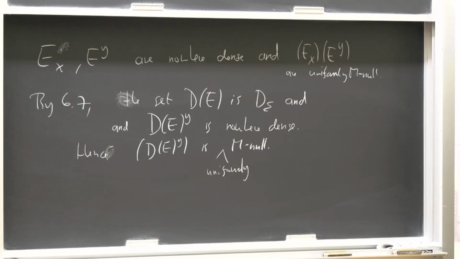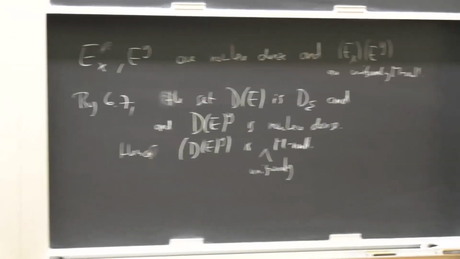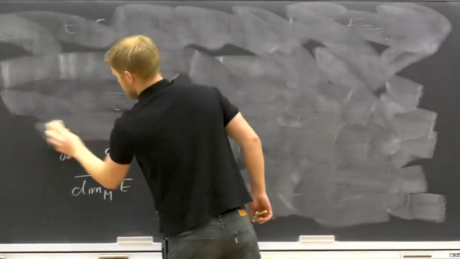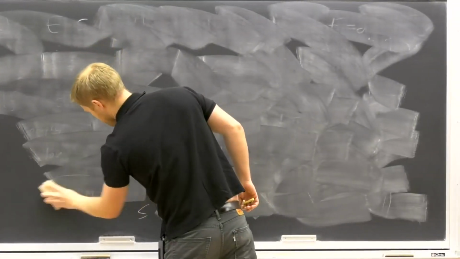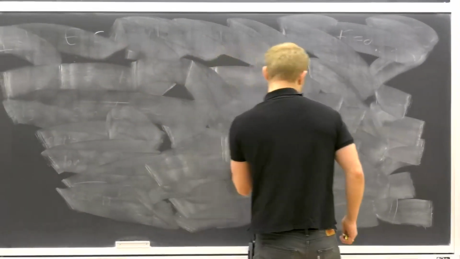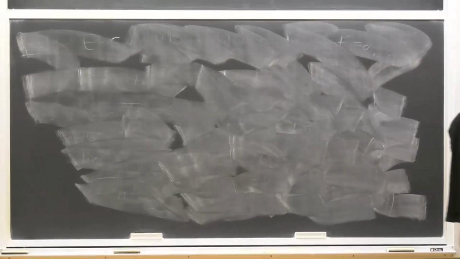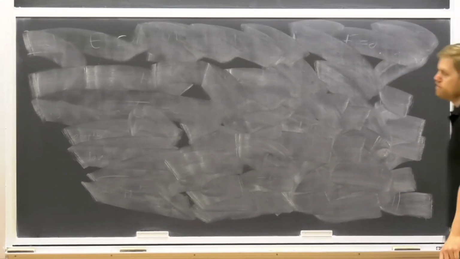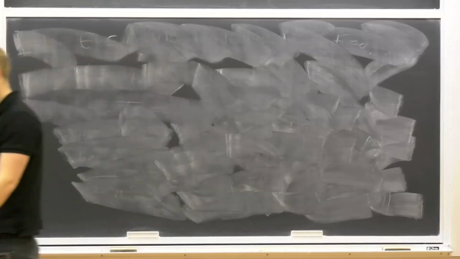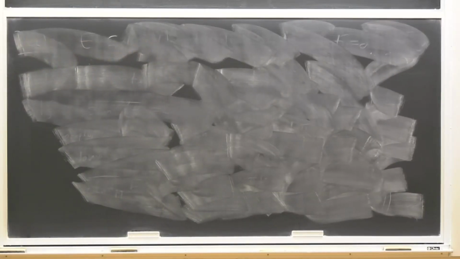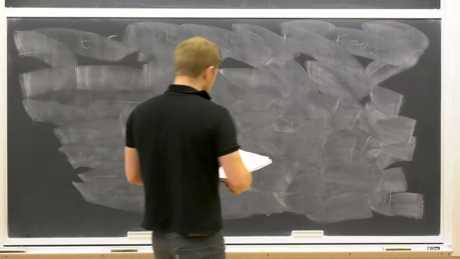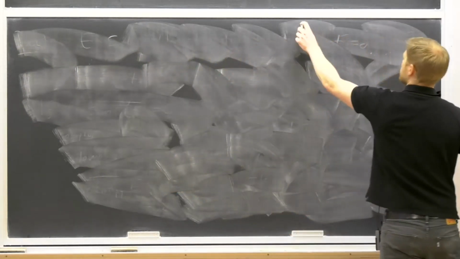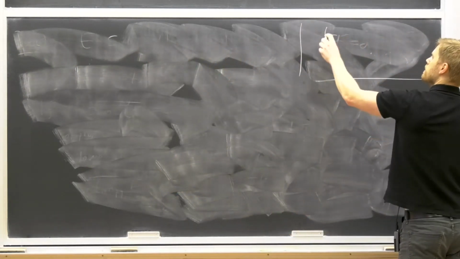And so I tried over the last 2 weeks to change the argument so that we really don't have to do this kind of box counting in the way that I'm now presenting it, but I couldn't really make it work, or at least I couldn't find a way that was easier.